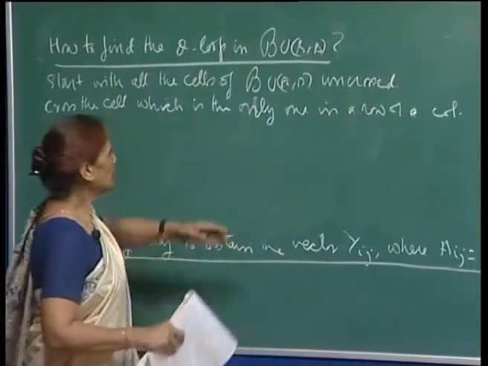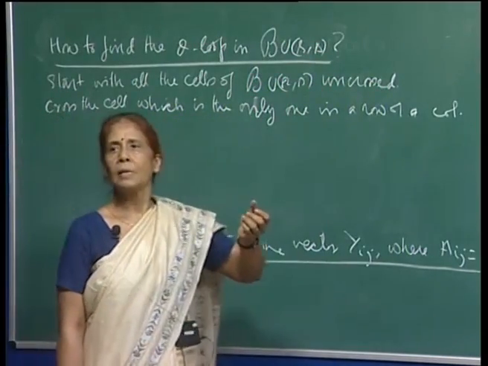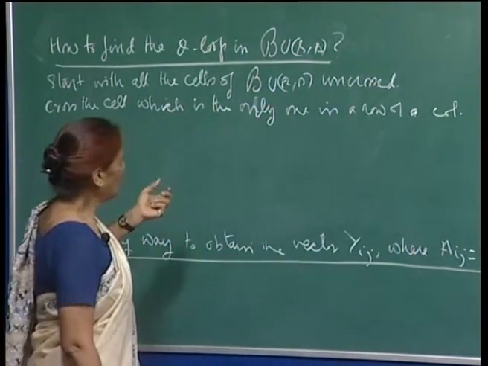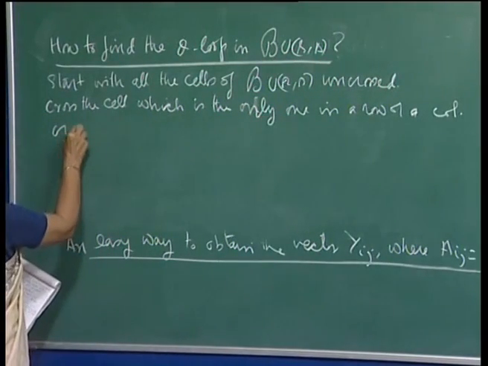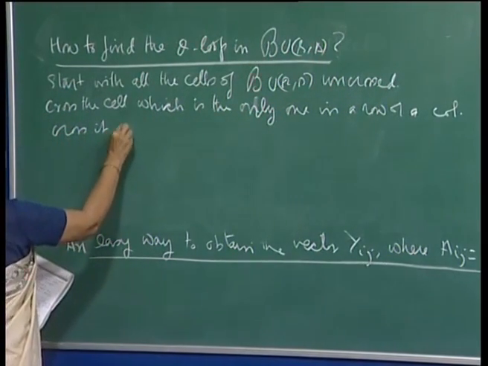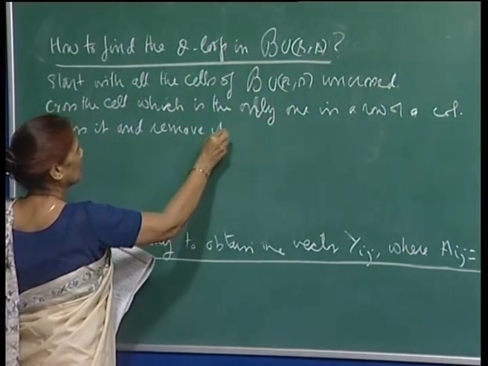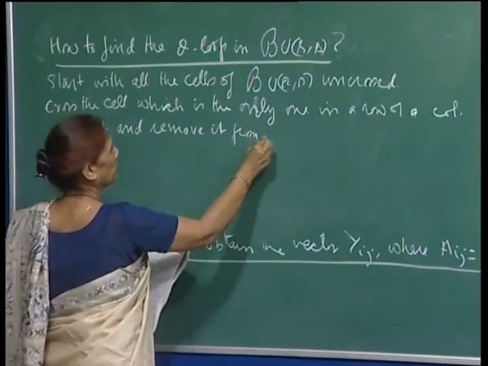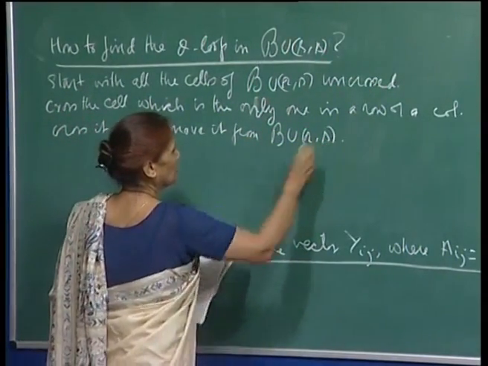Okay. So, out of this you will certainly find at least one cell which is the only one in a row or a column, right. Then cross it and remove it from union R comma S, right.